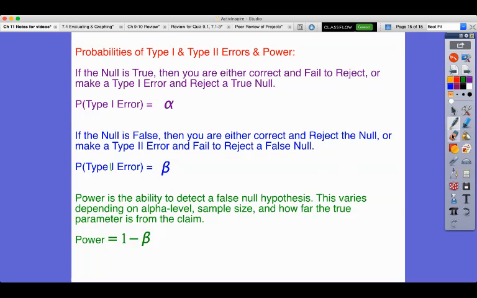So basically what we're picturing here is if the null is false, it means that the mean is somewhere else. So here's the null mean, and here's my sampling distribution. And if this is the true mean, then lots of the samples, if this is my rejection region, lots of samples that you get within here are going to show up as fail to reject, okay?